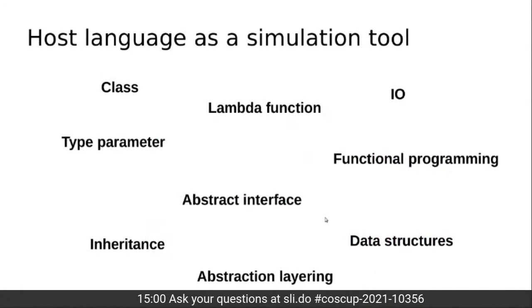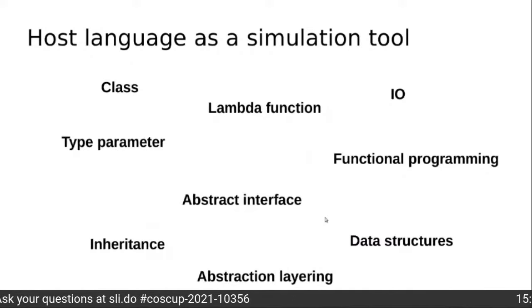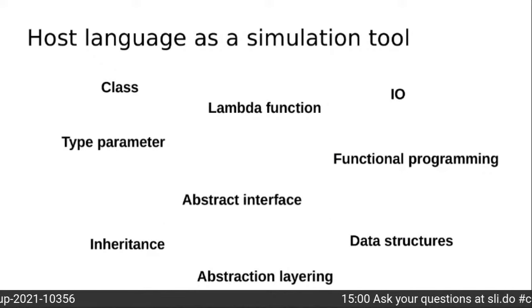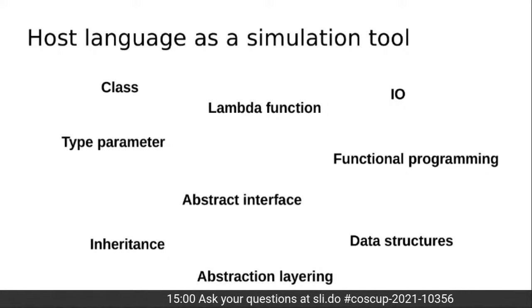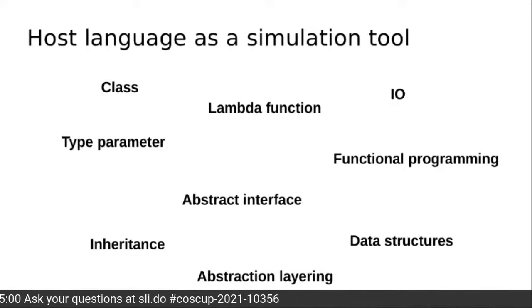The idea here is that because VHDL and Verilog were not designed as programming languages, they have a lot of weaknesses. And because here we are in a proper general purpose programming language, we can use all the features again.